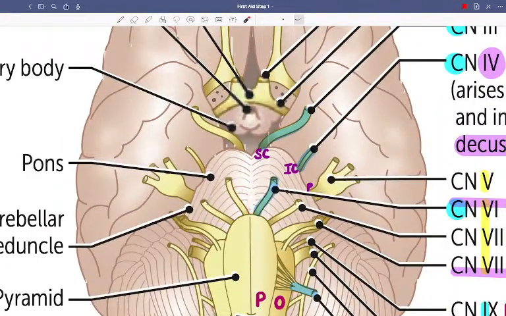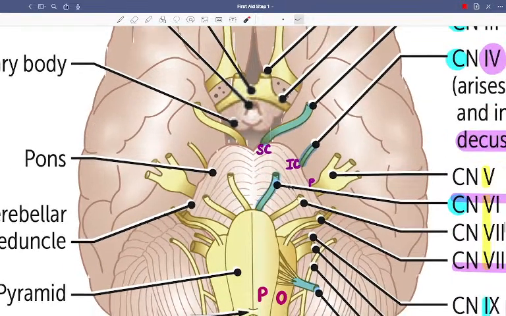Basically, 1 2 3 4, then at the level of the pons, 5 6 7 8. 5 is here, 6 is here. Here we'll start with 6, then 6 7 8, done.